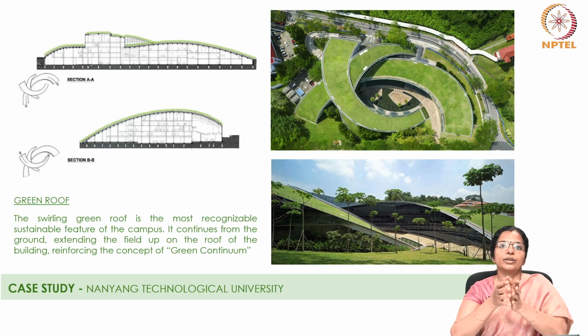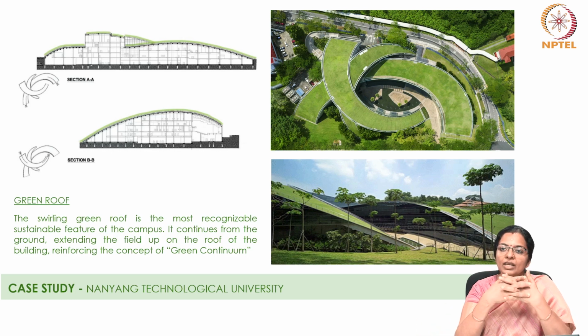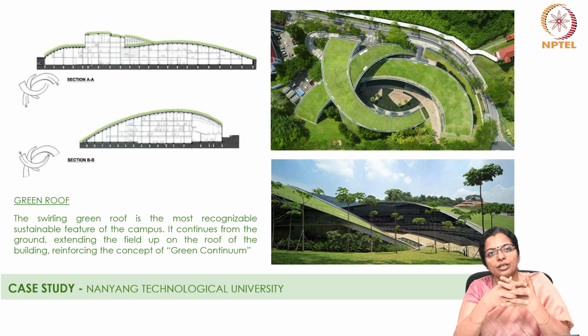So, today we have seen an advanced passive strategy called the green roof, which is nothing but having vegetation on the roof. But this has to be pre-designed because there is an additional load on the structure.